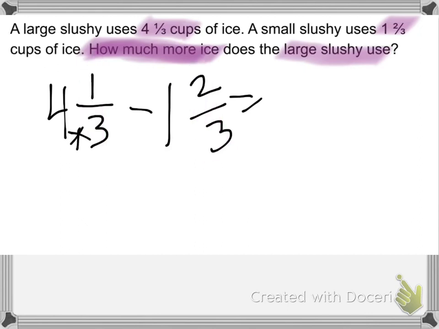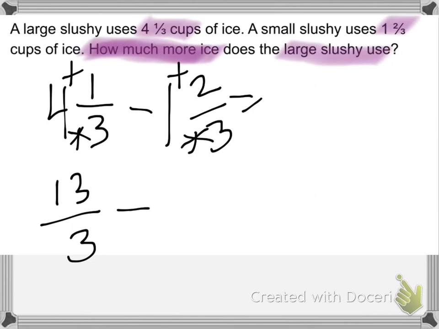So 4 times 3 plus 1. 4 times 3 is 12 plus 1 equals 13/3 minus, again, improper fractions, 1 times 3 plus 2. 1 times 3 is 3, plus 2 is 5 over 3. Now I can subtract. 13 minus 5 equals 8.